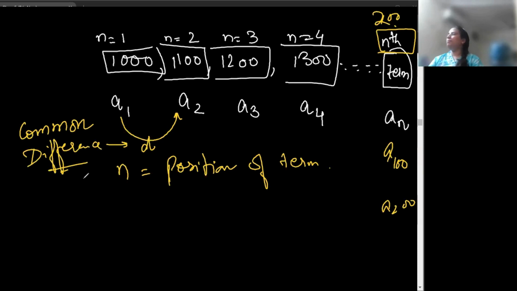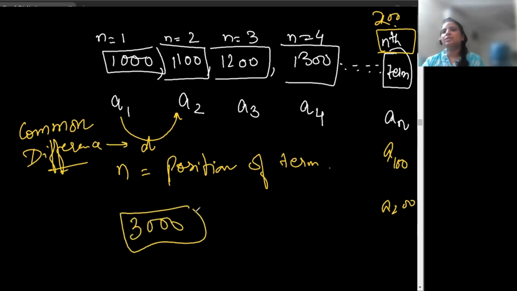So every AP has the first term, and then there is some common difference. Understood or not, bachche? Clear or not? If I tell you that 3000 is a term here in this AP, what is 3000?